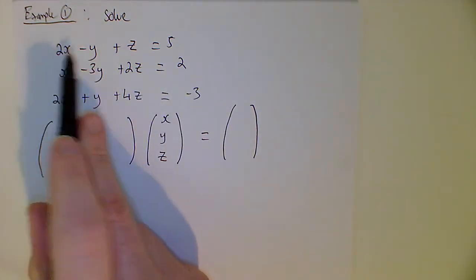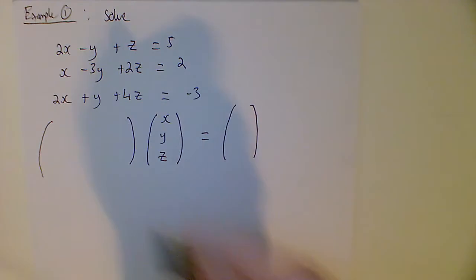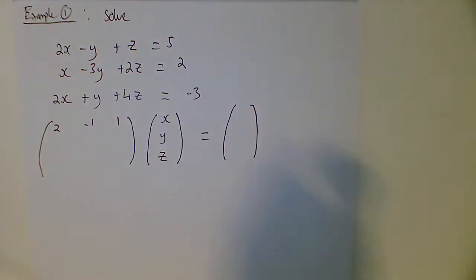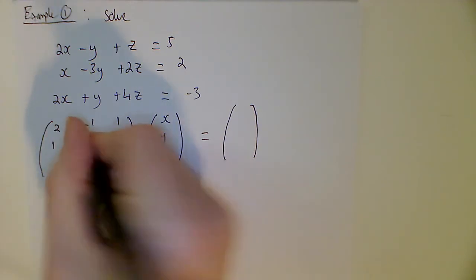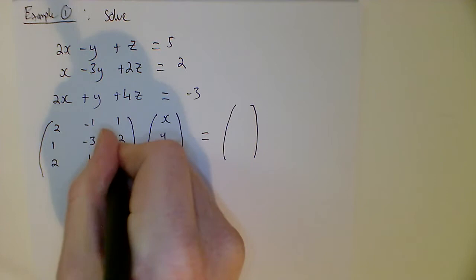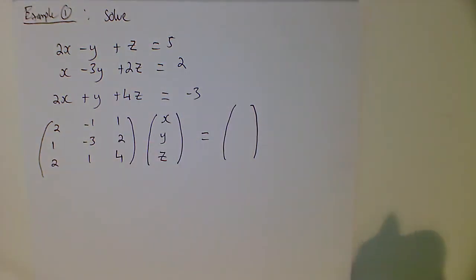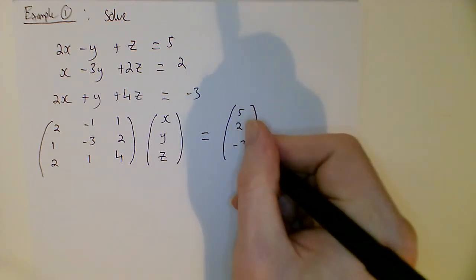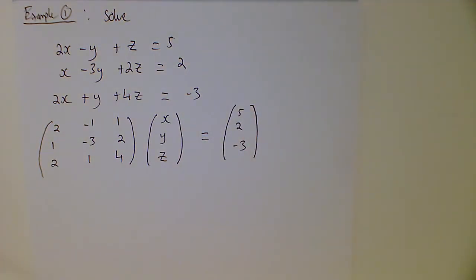All the numbers in front of each of these terms: 2, negative 1, 1, 1, negative 3, 2, and 2, 1, 4. And then I'm going to put my answer matrix here, which is 5, 2, negative 3.